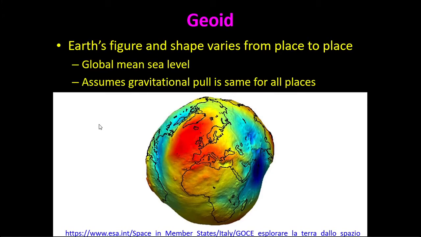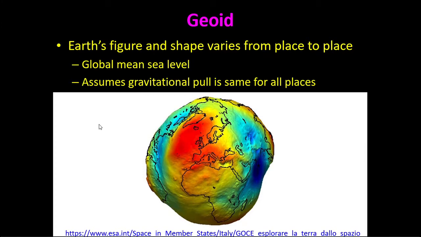However, because of the gooey inside of Earth, combined with the materials that make up the surface, combined with mountainous areas, continental areas, the gravitational pull on Earth's surface varies from place to place. Thus, the Earth is not a perfect ellipse. This is what makes it challenging to do mathematical calculations and, in general, just identify precise locations along Earth's surface.